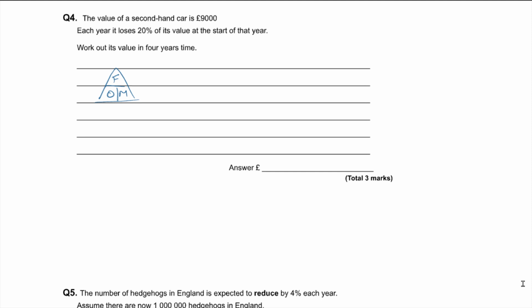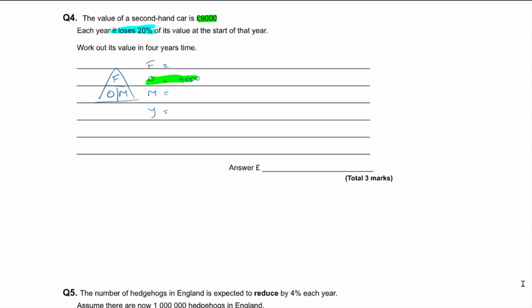So let's work out what we've got here. So the value of a second-hand car is £9,000. Final, original, multiply years. What have we got here then? So that 9,000, that is the original, isn't it? So that goes there. Each year it loses 20% of its value.